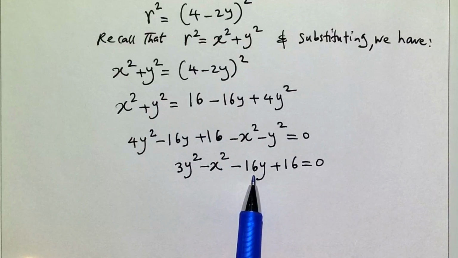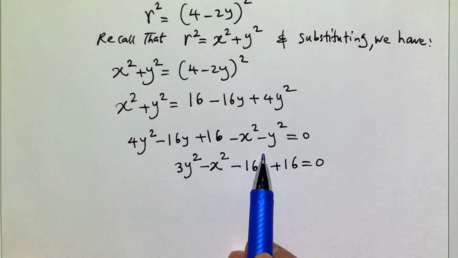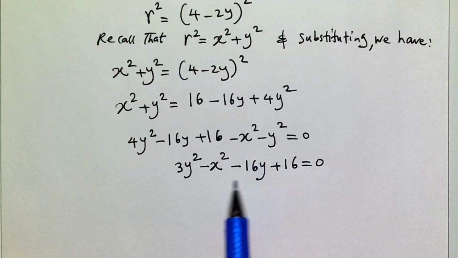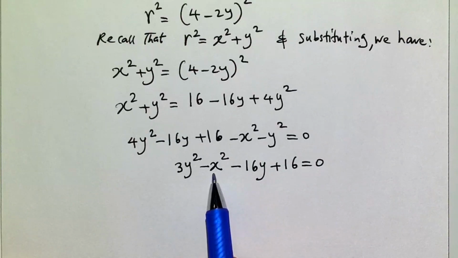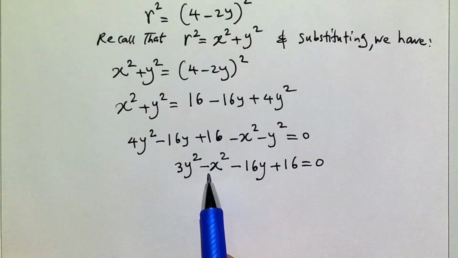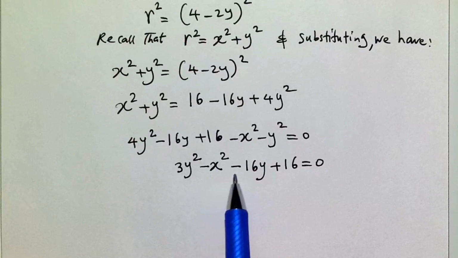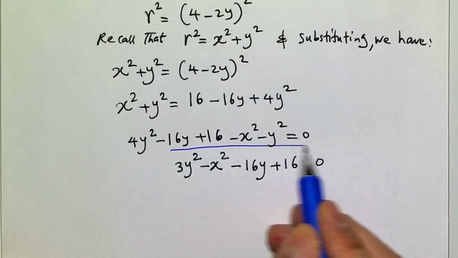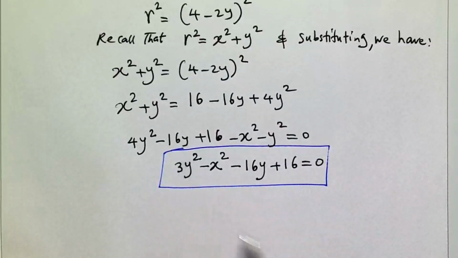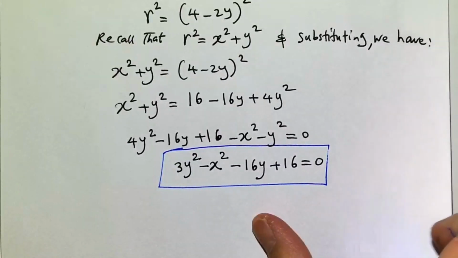Let's see what I have here, double checking everything. So 3y squared minus, double checking that, so that's correct. Yeah, that's correct. Okay, like that.